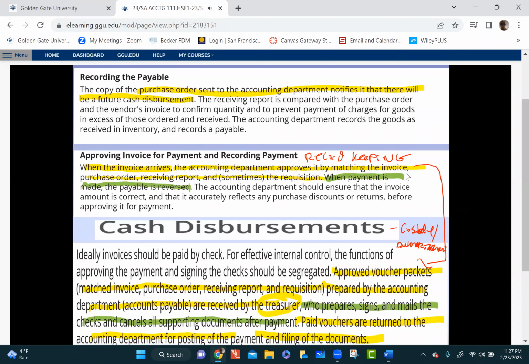We had the custody in the shipping department, and then we did our record keeping up in the accounting department. The actual disbursement of the cash happens by the treasury department. They're the ones that are actually going to be able to disperse that. They mark everything as paid, and then that goes back to the accounting department to debit the accounts payable, credit the cash, or record keeping function.